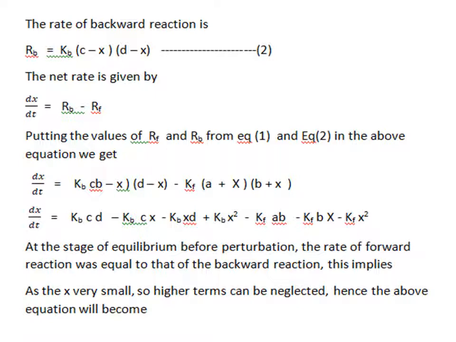Now putting the value of Rf and Rb from equation 1 and 2 in the above equation, we will get dx over dt is equal to Kb into concentration of C minus X into concentration D minus X minus Kf into A plus X into B plus X.